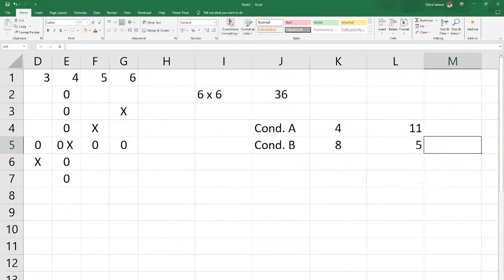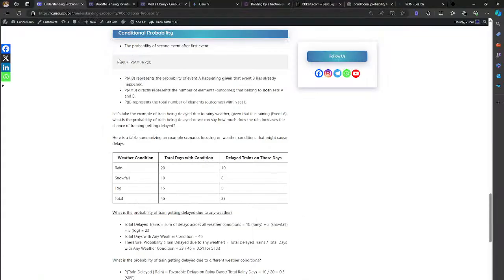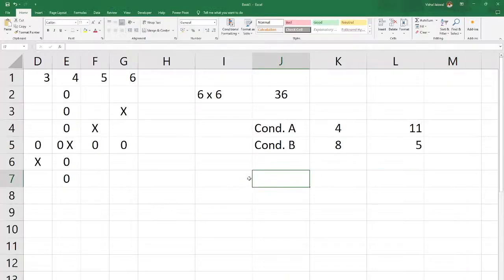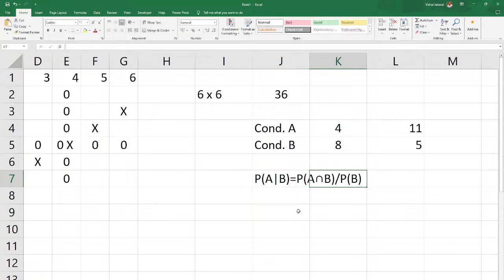The formula I showed you, I am trying to keep it as simple as possible to help you understand. That's why I'm not going into any fancy functions.